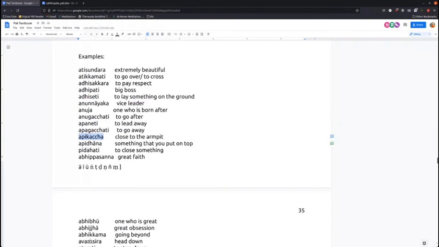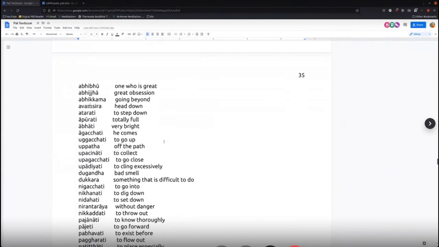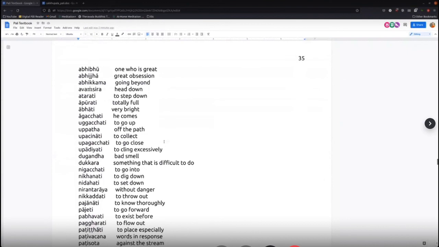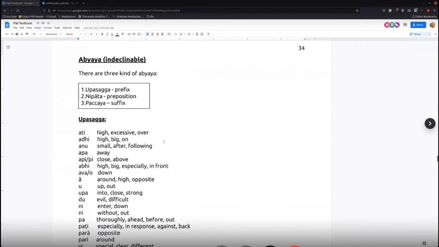Another question? Yeah, I just wanted to ask, what is the meaning of nipata here? Because there's the Sutta Nipata, but I don't think it means preposition of suttas. What does nipata mean? I don't know. It's a good question.